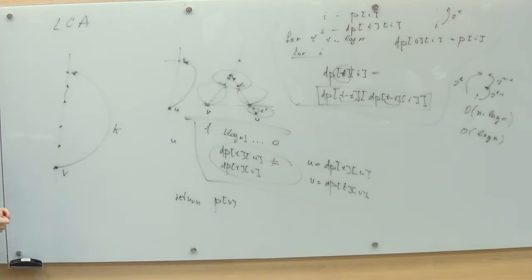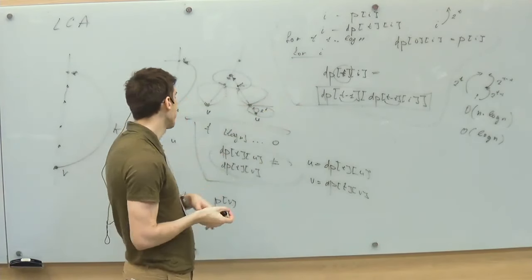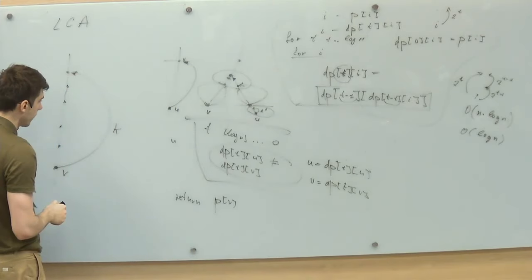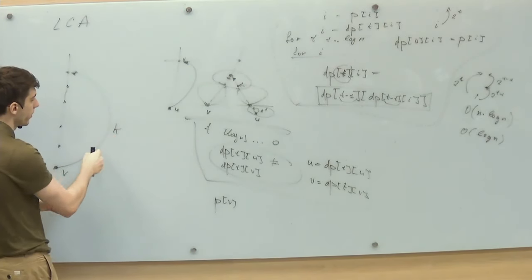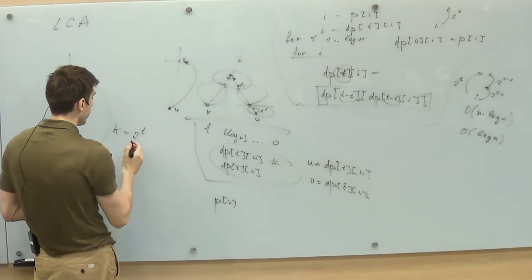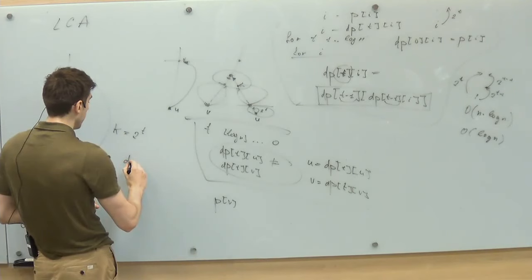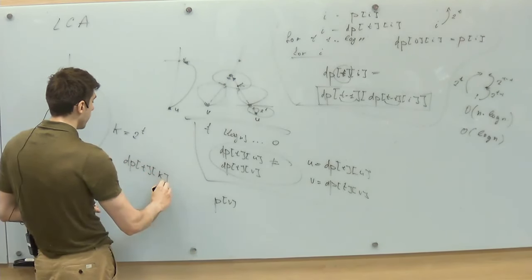So if we already preprocessed our binary steps, we know how to answer the query if k is a power of 2. If k is equal to some power of 2, we can just return this value, right?